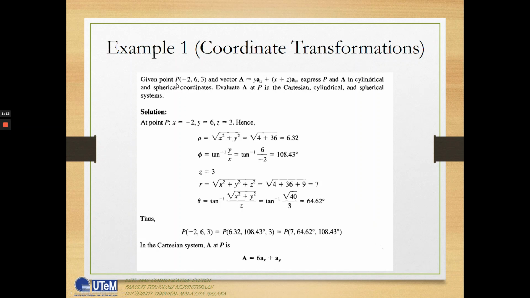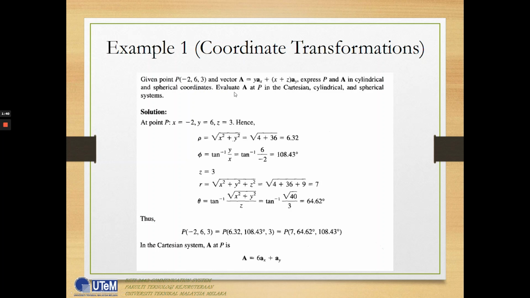And if we see the vector also, a point P and a vector are given, where the vector involves ax and ay. So this is also from the rectangular coordinate system.